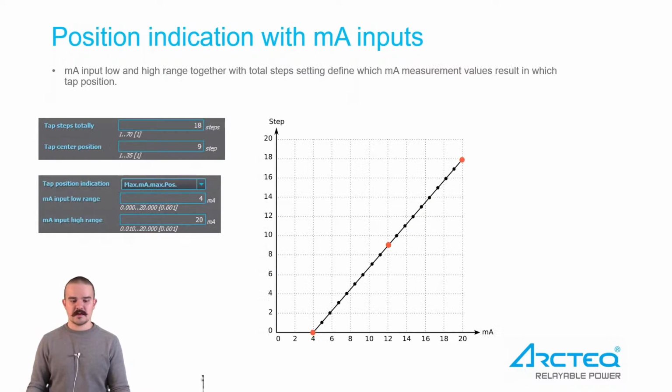This setting is used for setting the milliamp input together with this milliamp input low range and high range, and these tap steps in total. It will then put all of the tap positions between this minimum and maximum range of the milliamp measurements.